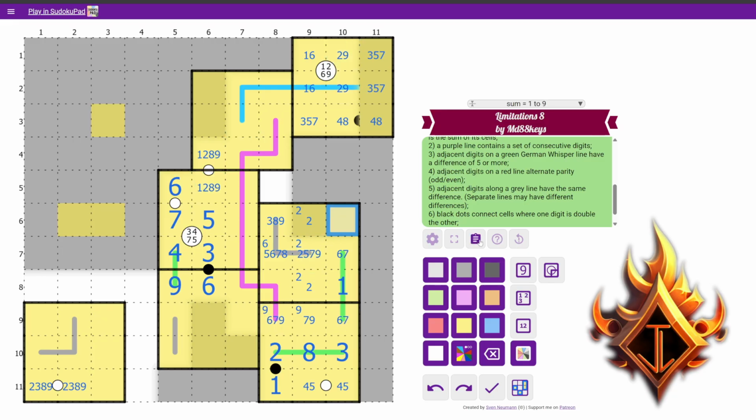This cell here: one, 2, 3, 4, 5, 6, 7, 8. That's a 4, 8 pair. Looking down at a 5. 5, 4.